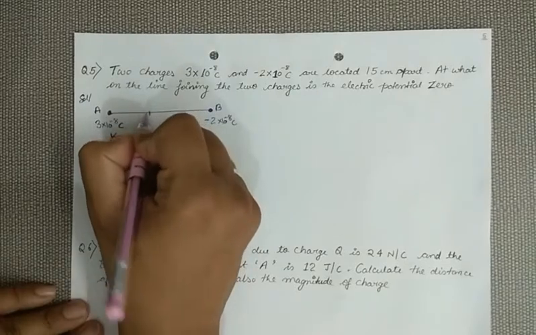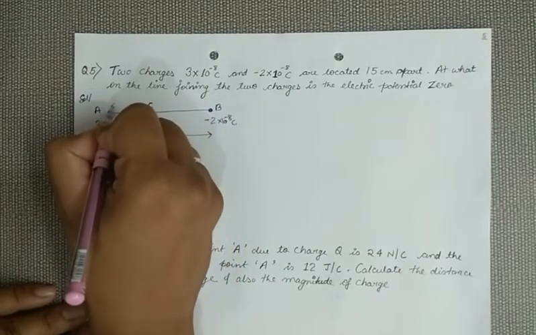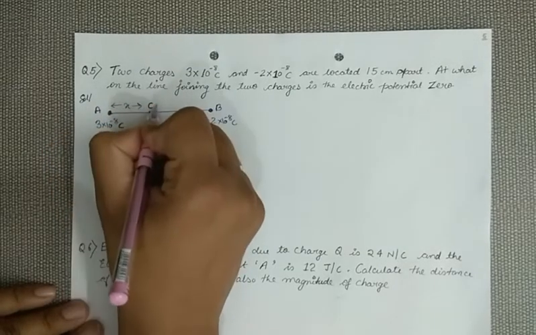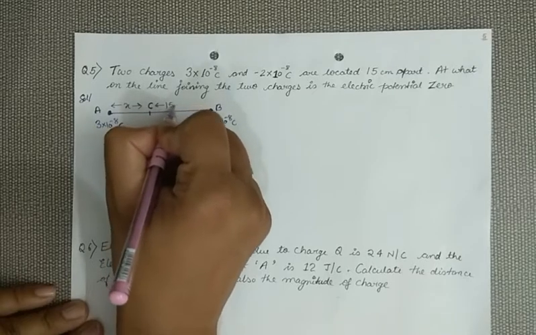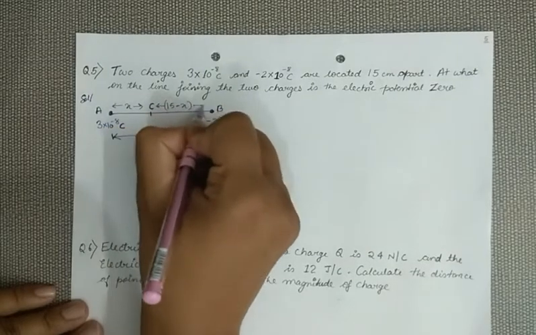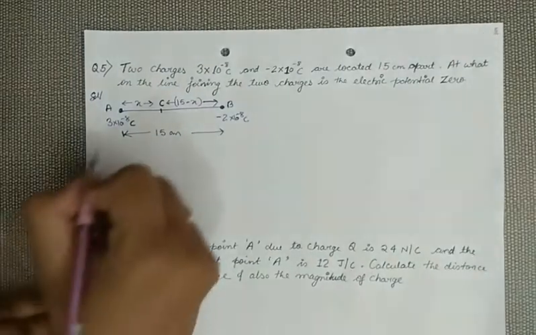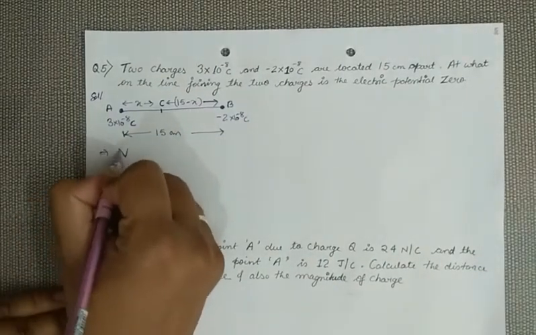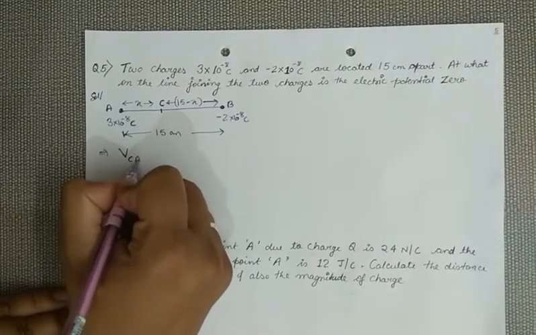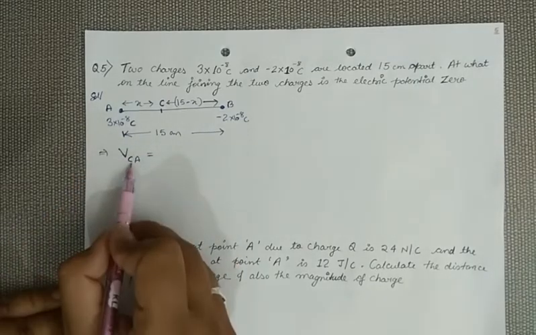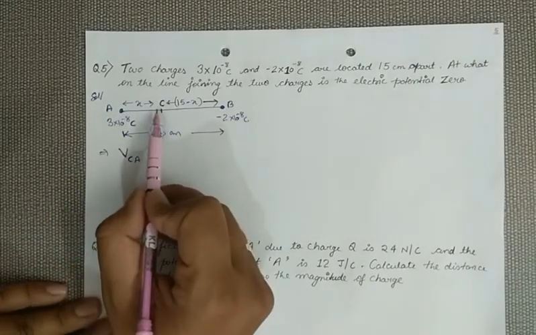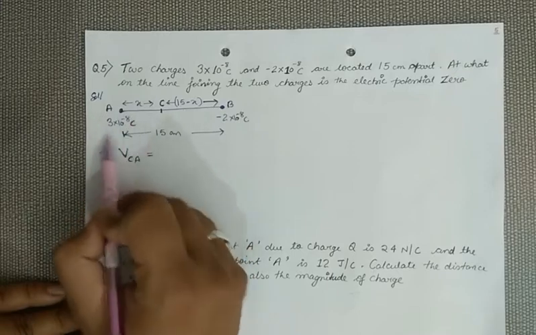So let's consider this is the point C at a distance of x from A. So it will be at a distance of 15 minus x from B. Very simple concept. Potential at C due to A: first of all I am going to find the potential at the point C due to the A charge.